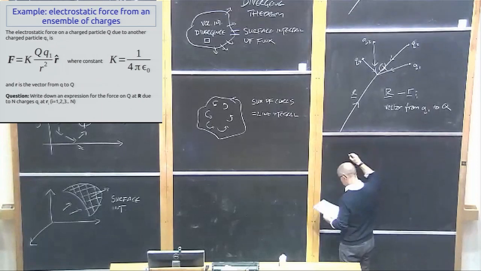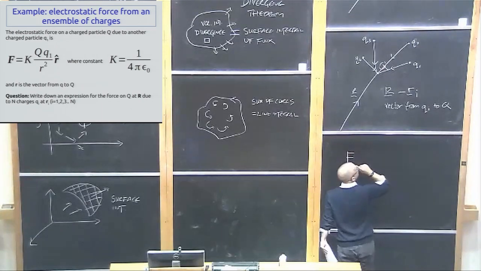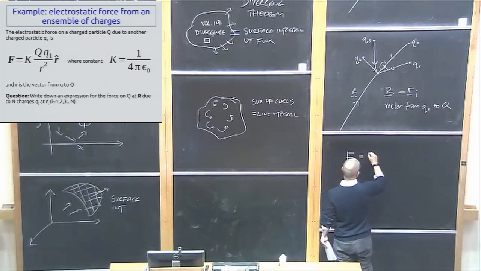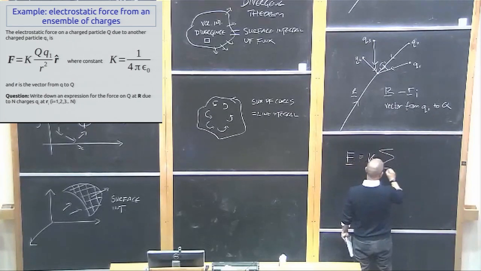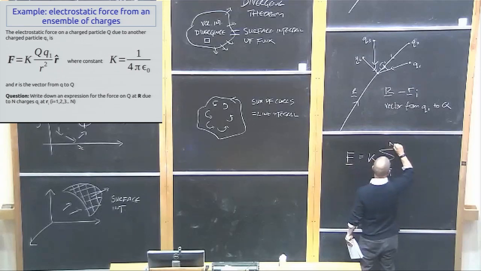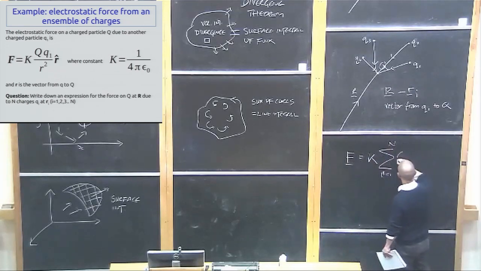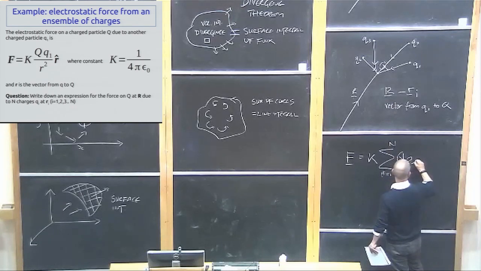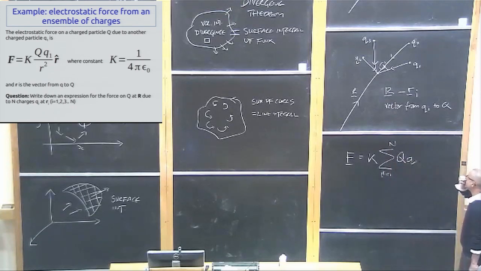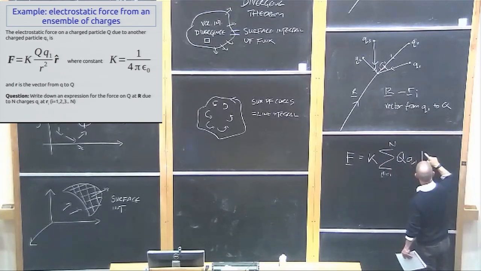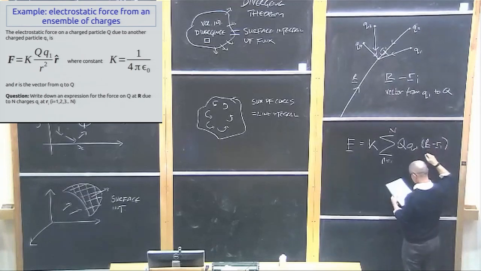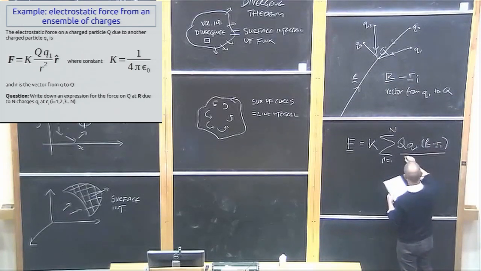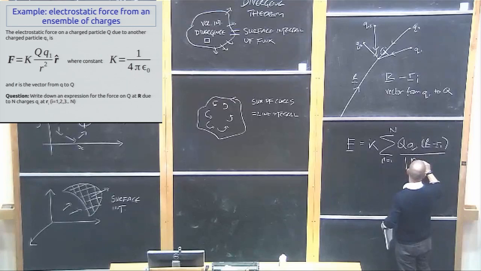And then the sum is simply K, which is our constant 1 over 4 pi epsilon naught, the sum over all of the charges, big Q, little qi, the vector divided by the magnitude of that vector.